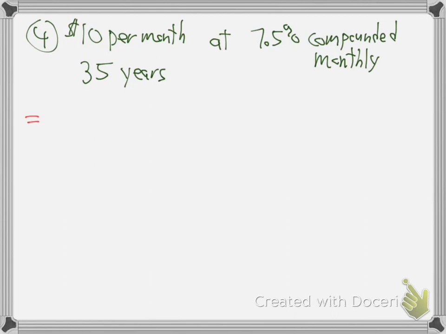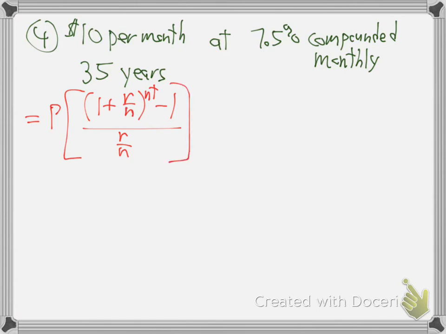Okay, so the formula is P times (1 plus R over N) to the NT, minus 1, over R over N. So it's going to be P. That's just the 10, the payment, $10.